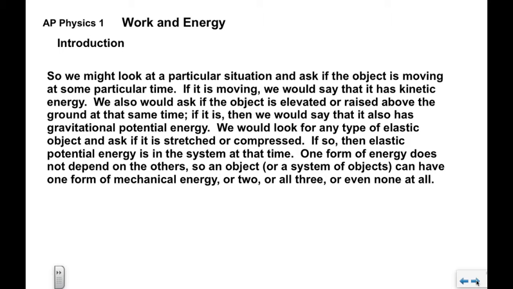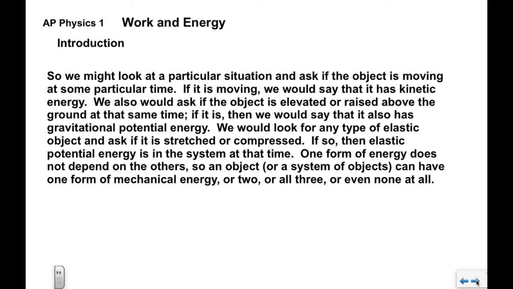We might look at a particular situation and ask ourselves, is the object moving at this particular time? If it's moving, then we would say that it has kinetic energy. We then would ask if it is elevated or raised above the ground at that time. If it is, then we would say that it has gravitational potential energy. We would look for any type of elastic object or a spring and ask if it is stretched or compressed at that time.